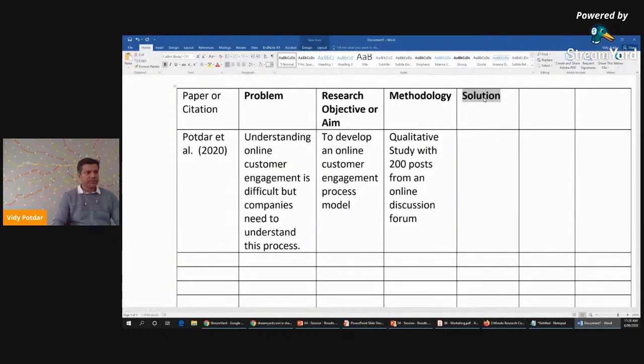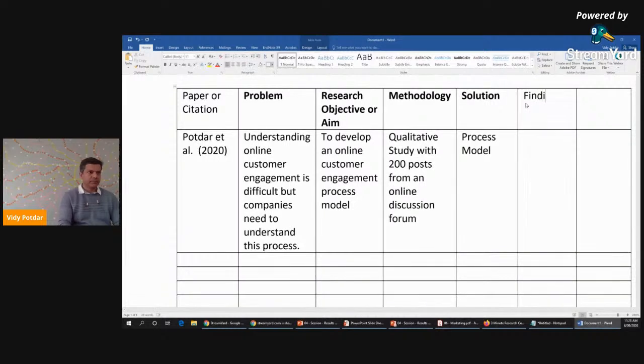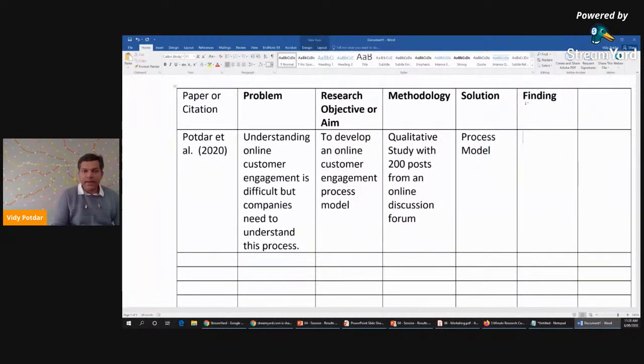Next could be the solution. So what is it that they have developed? Was it a framework? Was it a model? Was it a process, or what? Whatever was developed. Based upon this, what were the findings?